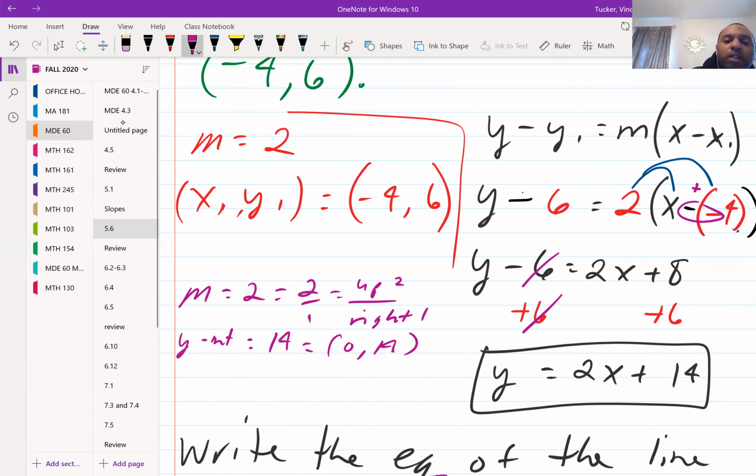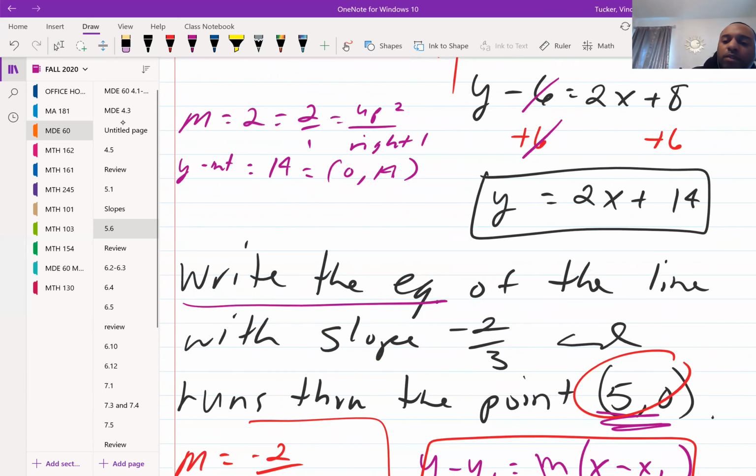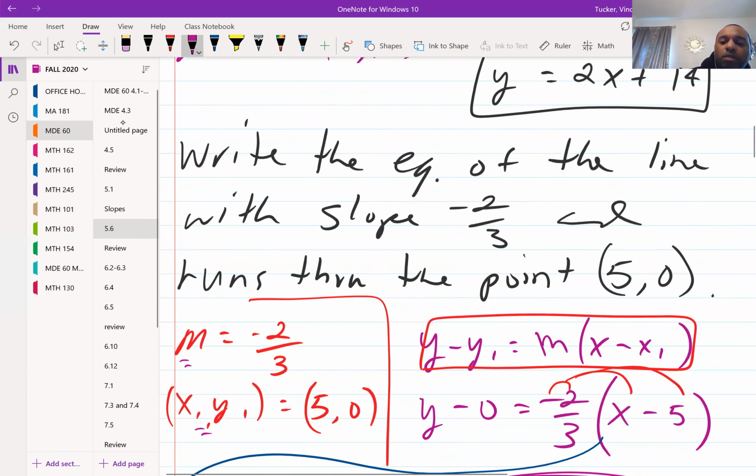All right, let's look at the next one. Let me erase this stuff though. So we have: write the equation of the line with the slope of -2/3 that runs through the point 5, 0.